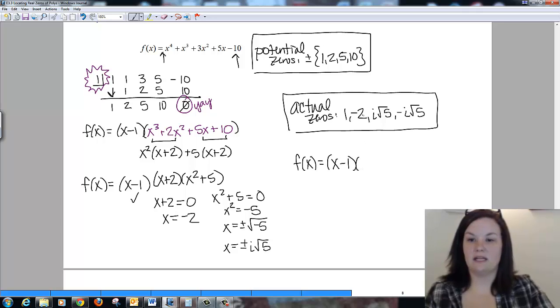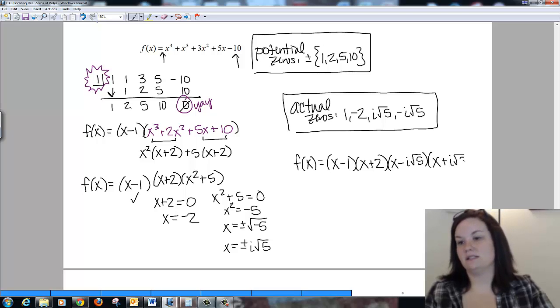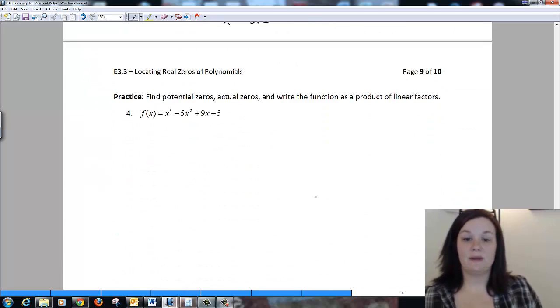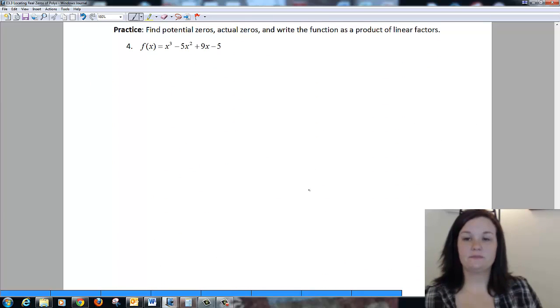So I had x minus 1. If I were to move that negative 2 back over, I get x plus 2, and then I have x minus i root 5, and x plus i root 5. Okay. Not too bad.